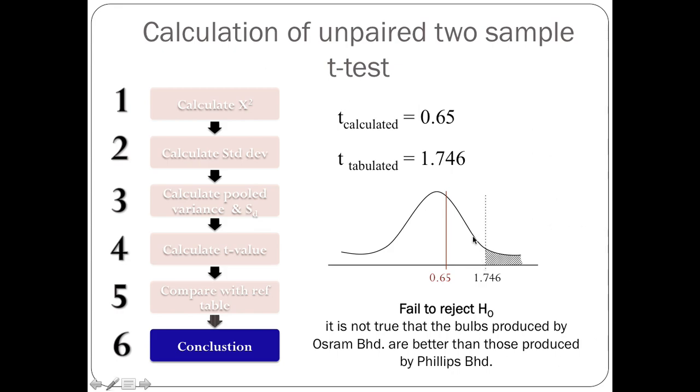No, you can't, because it's falling onto this area rather than here. So you fail to reject the null hypothesis. The conclusion is, it is not true that the bulbs produced by Osram Berhad are better than those produced by Philips Berhad. So that's how you calculate and conduct the unpaired two-sample t-test.